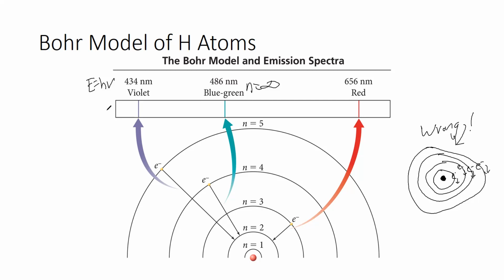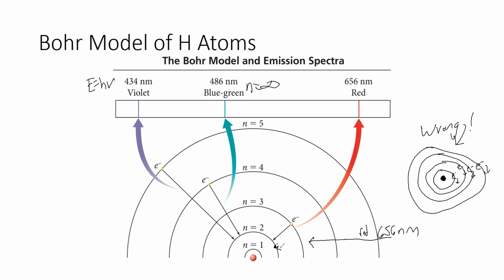So let's take a look at this using this image. Let's say that we have an electron starting at energy level 2 here. Right? So here's my electron. And let's say we take our atom here and shoot it with light. We'll shoot it with red light at 656 nanometers.